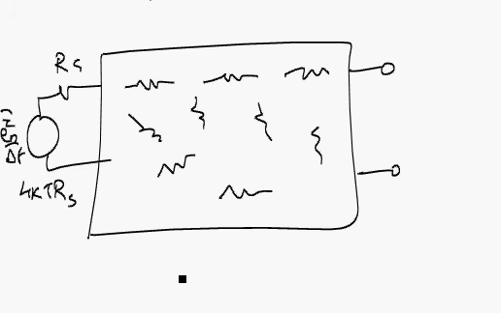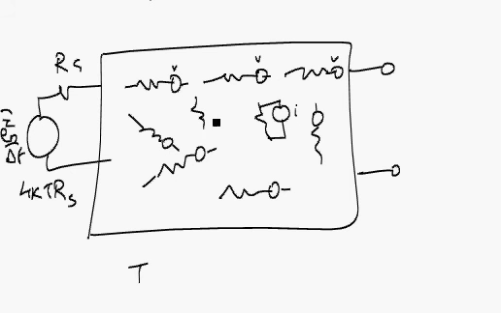Given that everything is at the same temperature T, I can represent each of these resistors by either their equivalent voltage noise sources or, for some, current sources.